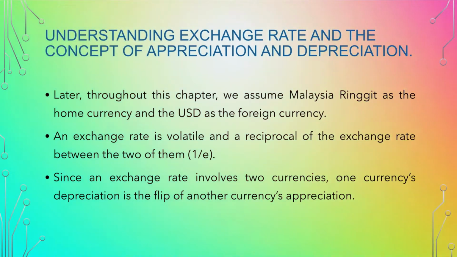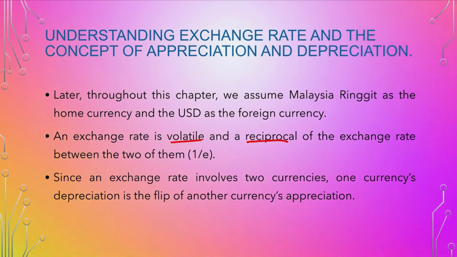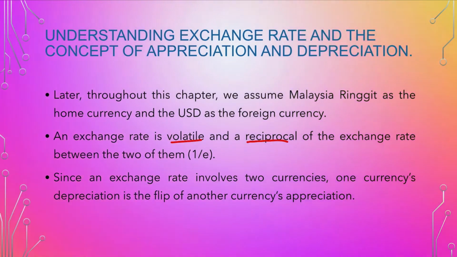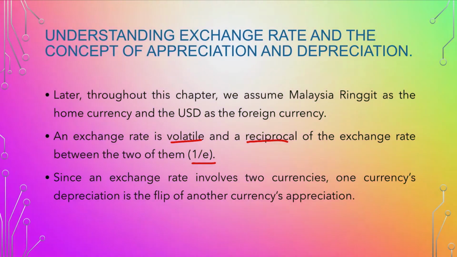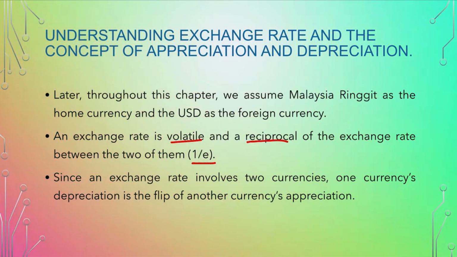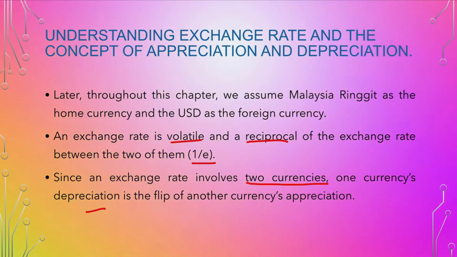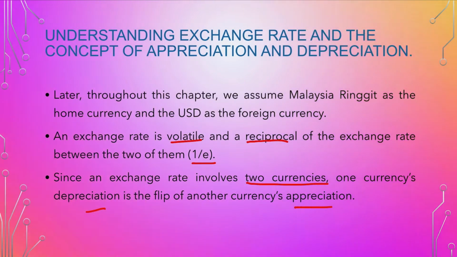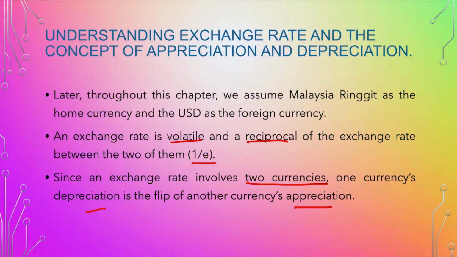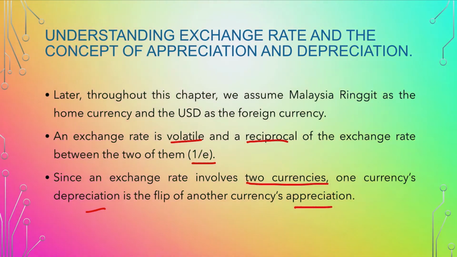An exchange rate is volatile, and the reciprocal of the exchange rate between the two we state as 1 divided by E. Since an exchange rate involves two currencies, one currency's depreciation is the flip of another currency's appreciation. For example, if the Malaysian ringgit depreciates, it means the US dollar appreciates.